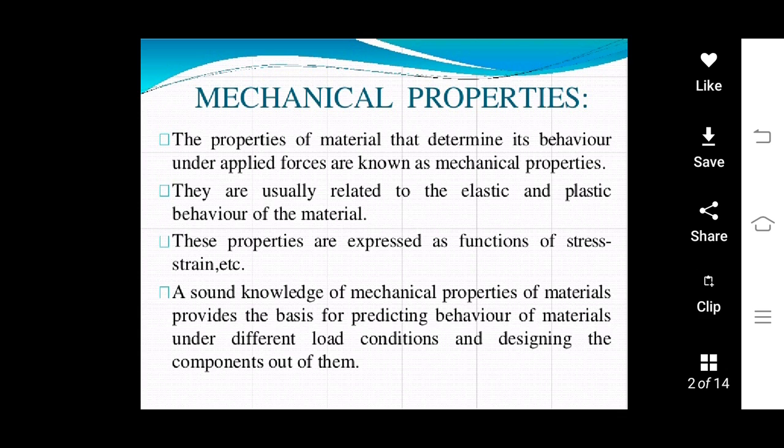Since steel is the most commonly used material for RCC as a composite for giving properties of tensile stresses, the mechanical properties of steel are very important for studying purposes.